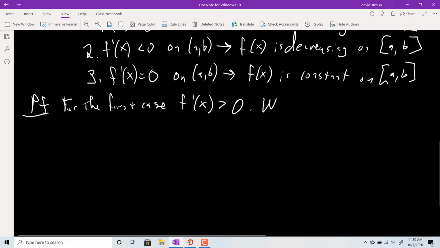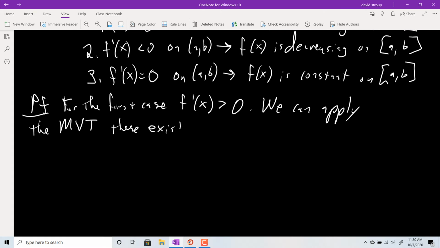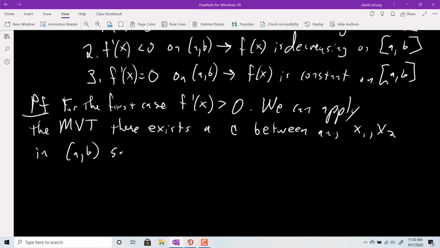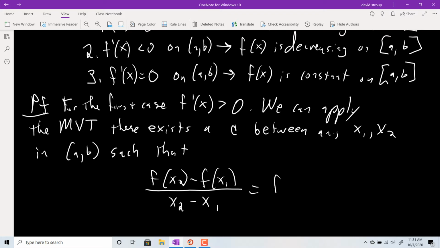Okay, so we can apply the mean value theorem to this interval and say there exists a c-value between pretty much any x1, x2 in this interval such that the slope of the secant line from x1 comma f of x1 to x2 comma f of x2 is equal to the derivative of the function at that point c.